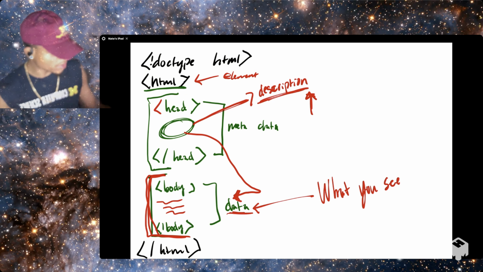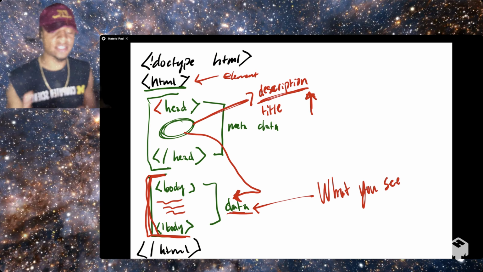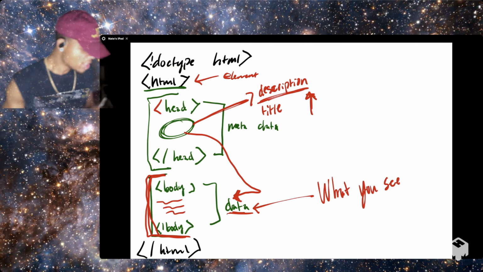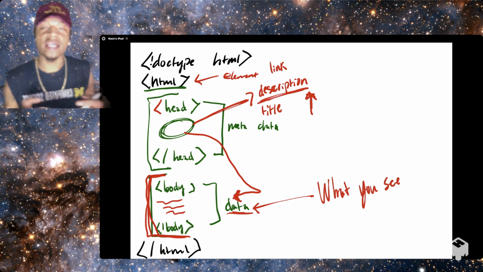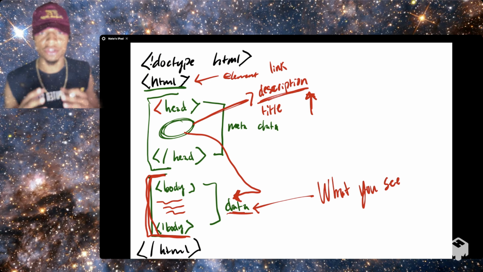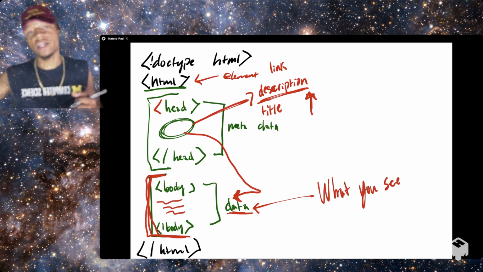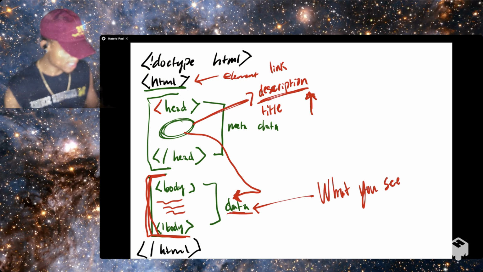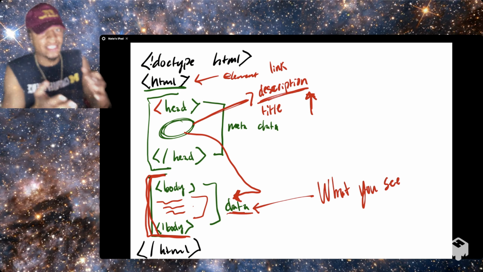Not only can you have a description, you can also have a title of the web page, and the title shows up in the little tab. I'm going to show y'all. Then you could also link to different fonts, let's say you wanted to use some Google fonts. You can link to different fonts inside of the head. Once again, that's not going to show up right here; you can't see linking to a font.